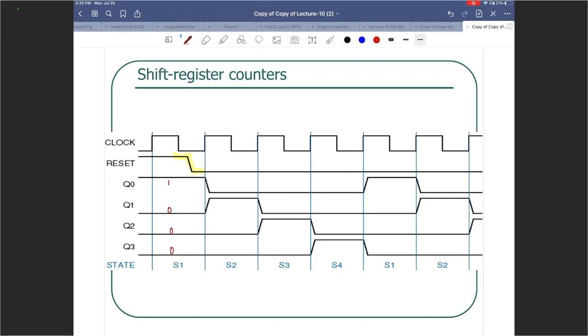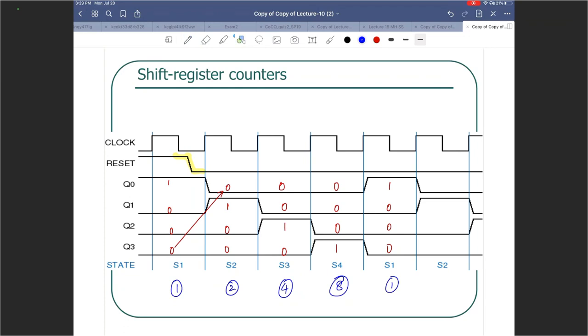So this guy will go up here, 0, 1, 0, 0, followed by 0, 0, 1, 0, then 0, 0, 1, 0, 1, and then that one will come back here. And this cycle will continue. We called it decimal 1, decimal 2, decimal 4, decimal 8, back to decimal 1.